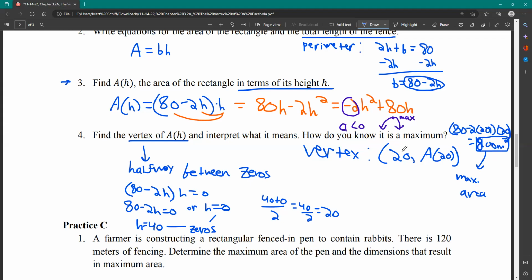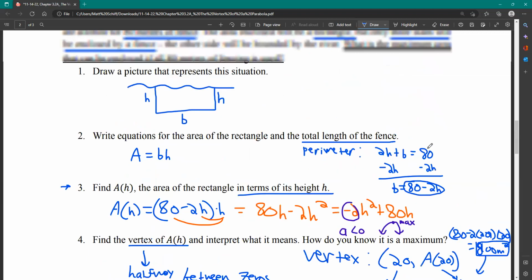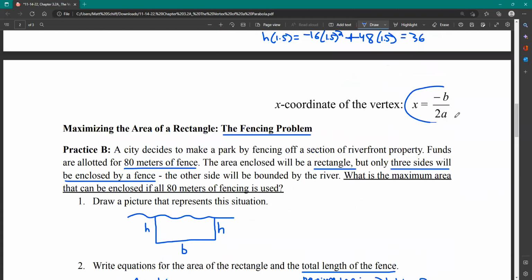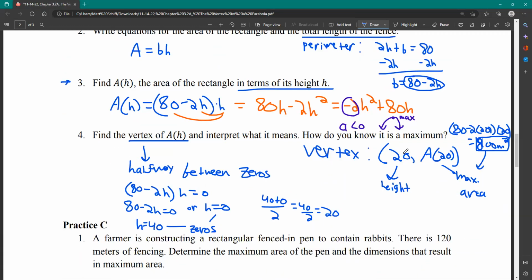Okay, so at a height of 20 meters, the maximum area is 800 square meters. Now, if you looked at the top of the page, there is this formula that gives you, in this case, the h coordinate of the vertex, or the x coordinate, whatever the problem is. That formula could have also given you that the height has to be 20.